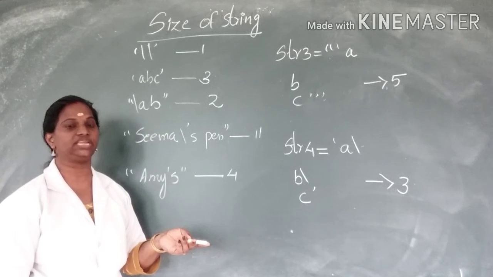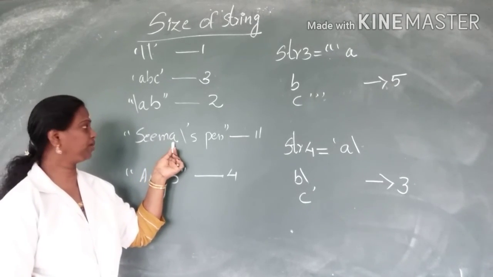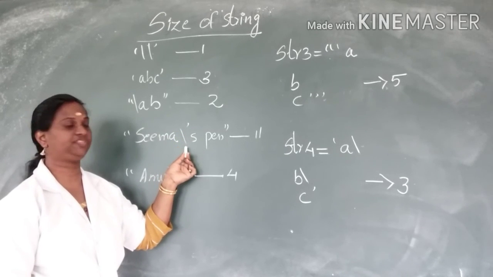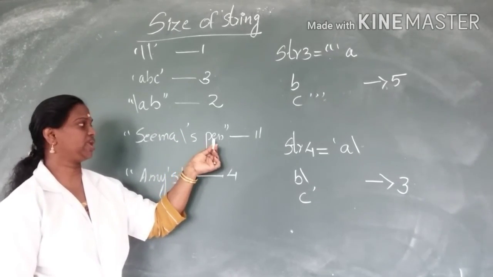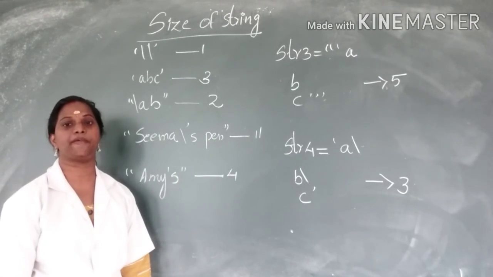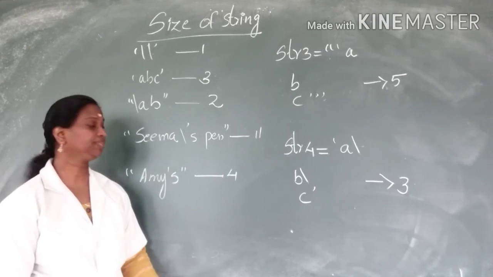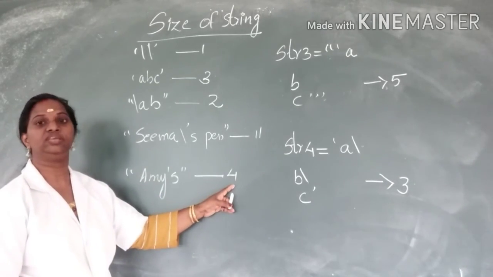So let us count letters 1, 2, 3, 4, 5. Then this apostrophe 6, 7. Then space 8, 9, 10, 11. So now the size of this string is 11. Clear? See here armies. The size is 4.